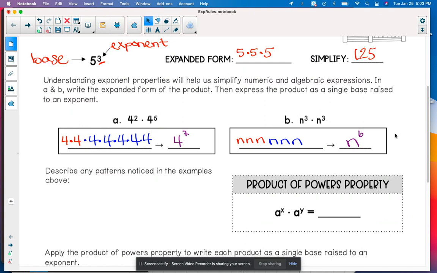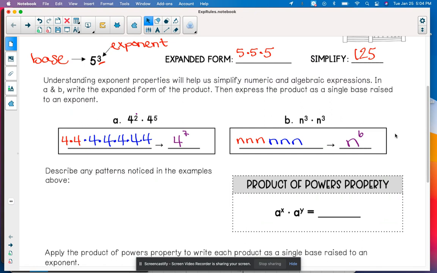So describe any patterns we noticed about the examples above. So the main pattern that we focused on is that if I think about it, 2 and 5 make 7, 3 and 3 make 6.